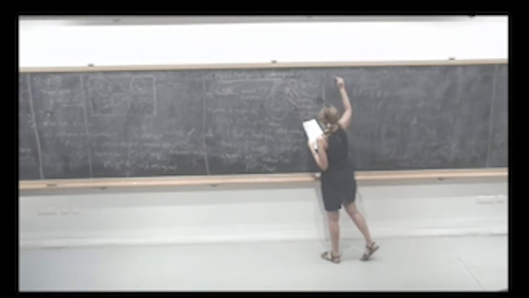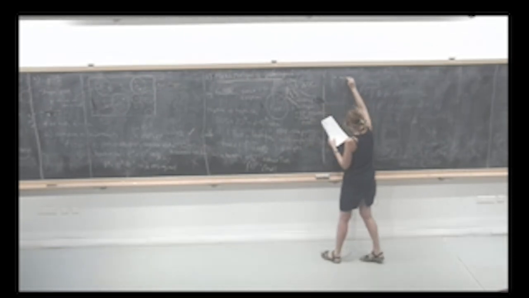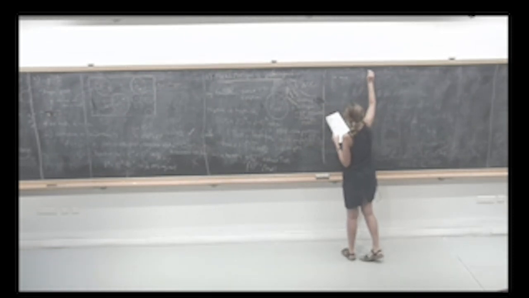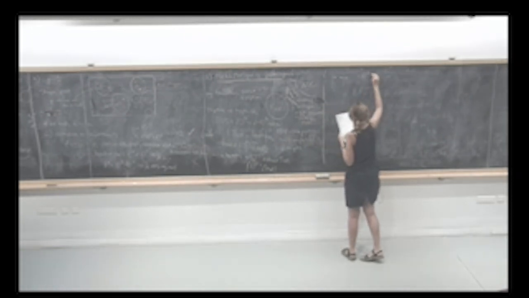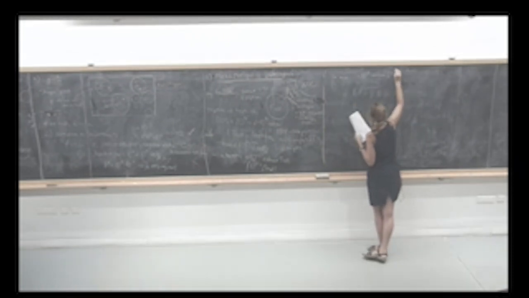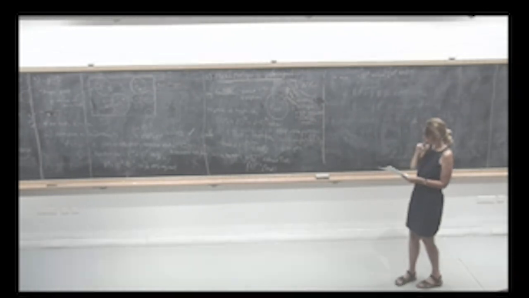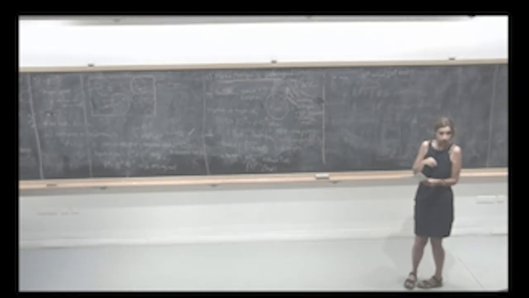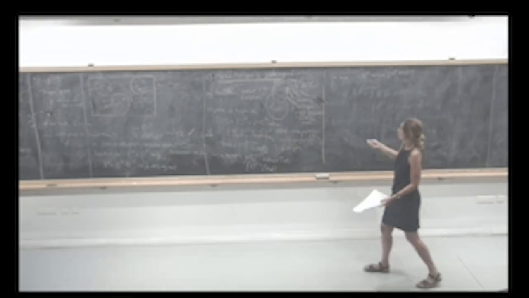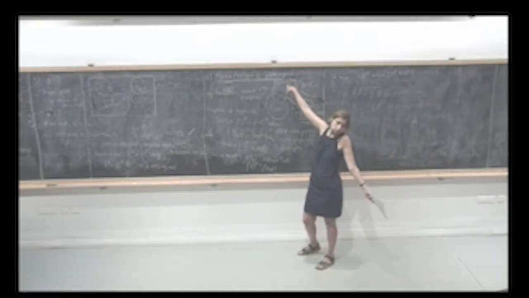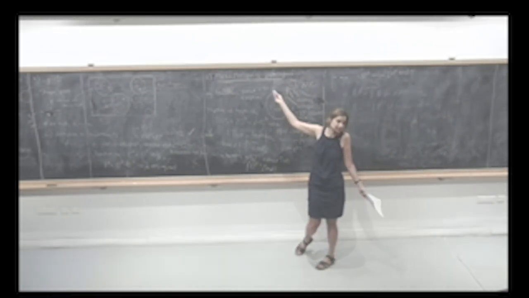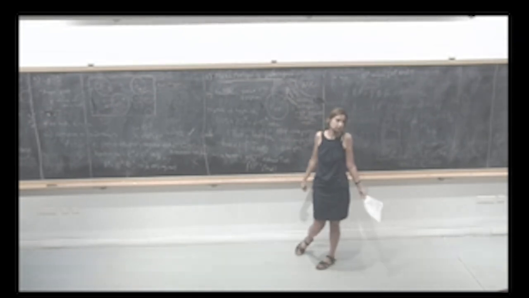In mice, we have about 10 to the 6 unique, 10 to the 8th total. It's not exactly 12, but it's very close to 12.